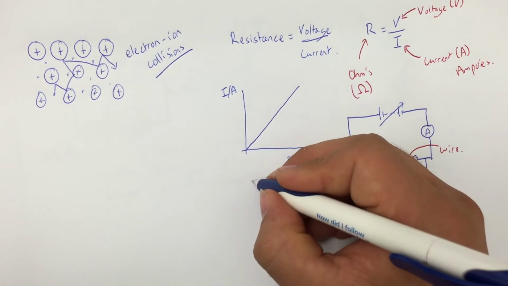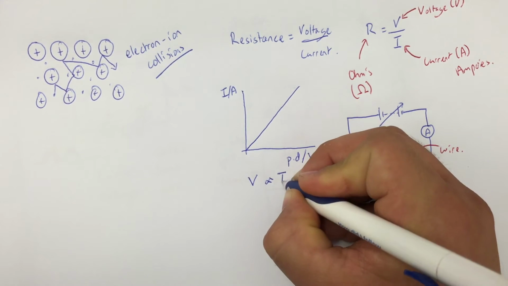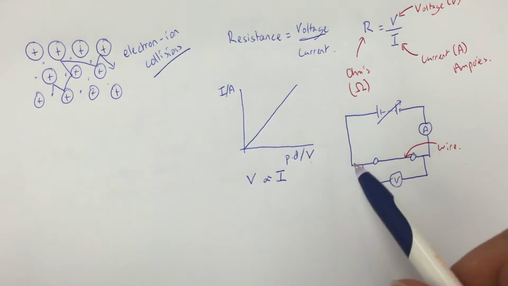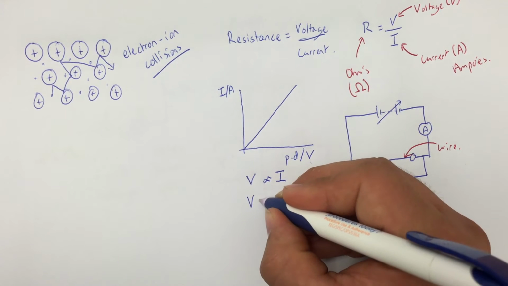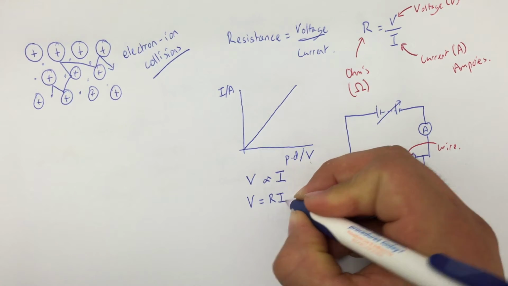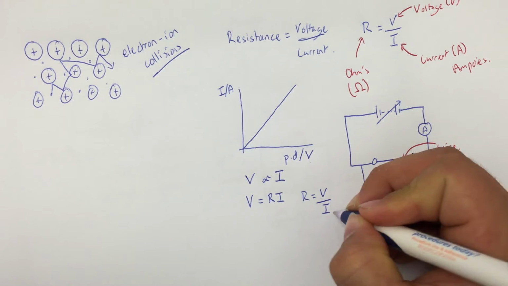So in terms of where the equation comes from, voltage is directly proportional to current. That means that as the voltage increases, the current will increase. And then to turn this into an equation, we have to add a constant, which in this case is resistance. And so if we rearrange that, we get our equation.